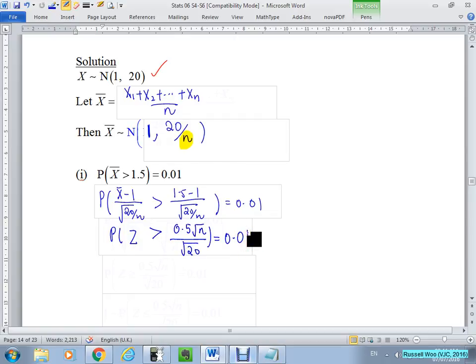Now then, inverse norm, very happy. Can we inverse norm 0.01 now? No? Why cannot? Because of the inequality sign, this is greater than, we must change it to smaller than. So I'm a bit long-winded again. I say this is actually probability 1 minus Z smaller or equals to 0.5.